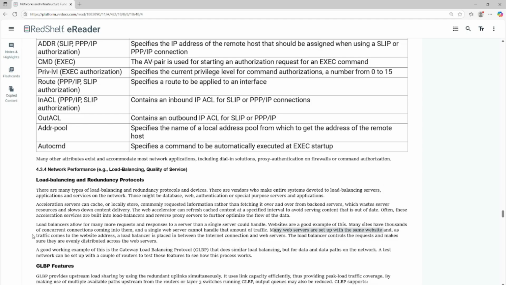And as traffic comes to the website address, a load balancer is kind of like a robot you put in place to measure how much traffic is coming and what they're looking for, right? So that's what a load balancer is all about. A load balancer is placed in between the internet connection and the web servers. It controls the requests and makes sure that they are evenly distributed across the web servers.